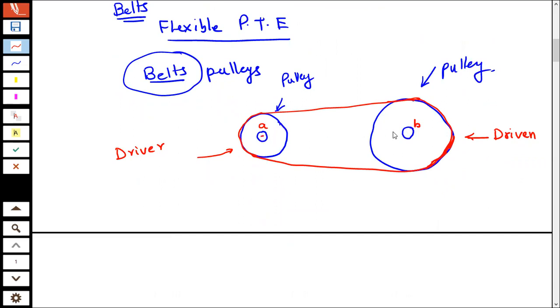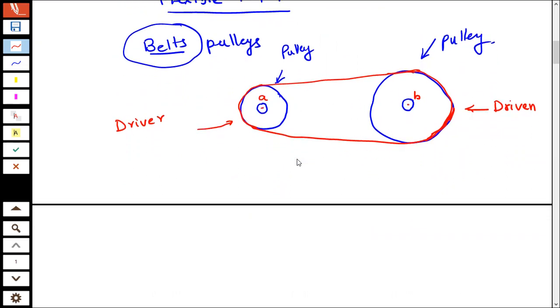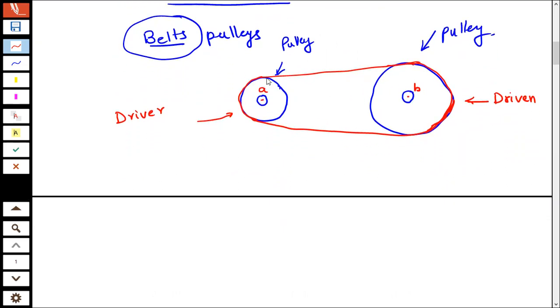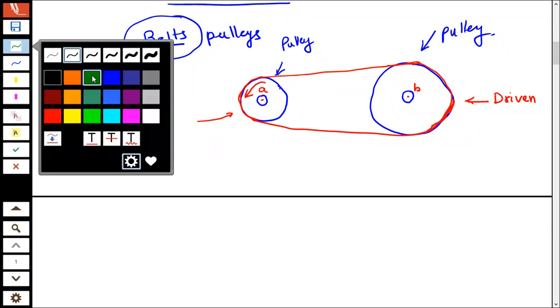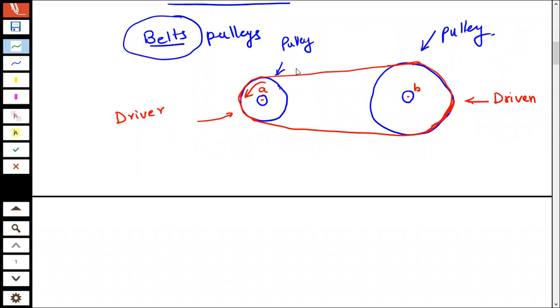Okay. And this is the center of this and center of this. Now, what will happen? If this is the driver and it is rotating in this direction, since there is friction between the pulley and the belt, it is going to pull on the belt in this direction.